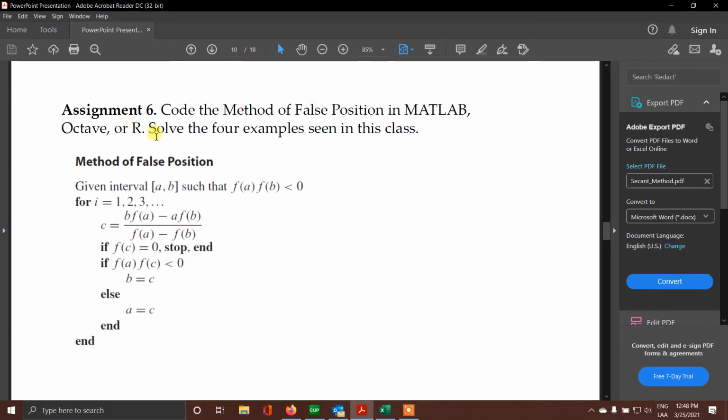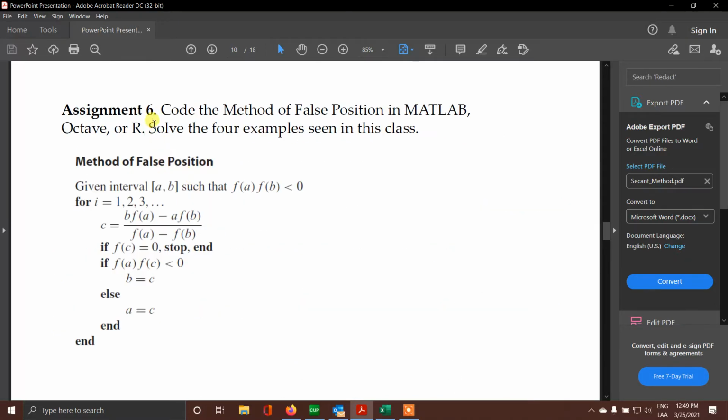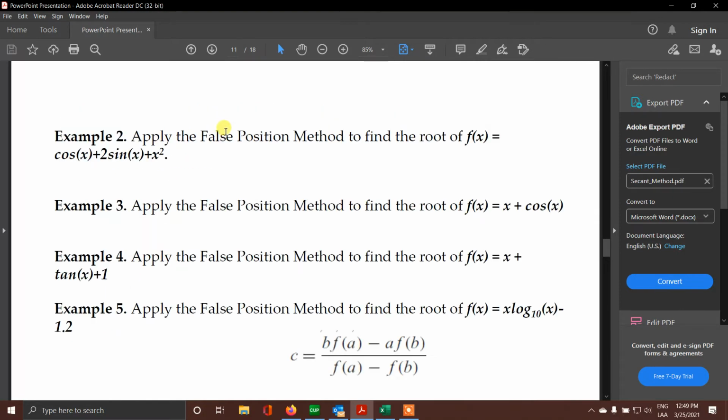Excel is not allowed, so don't use Excel. You have to use MATLAB, Octave, or R, okay? And then you have to solve the four examples that we solved in the previous class using the secant method, okay? That's your assignment number 7 for you. So just make sure that you turn it in on time.